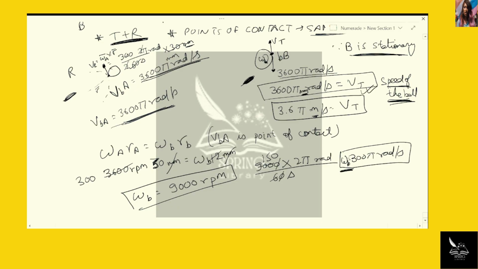So we got speed of the ball using this, and then since we know at the point of contact of A the velocities are equal, we calculate it from the circle of A, and then circular motion of A and circular motion of B have to give the same value. We equate that, use the correct radii, and we finally get the value of omega B.